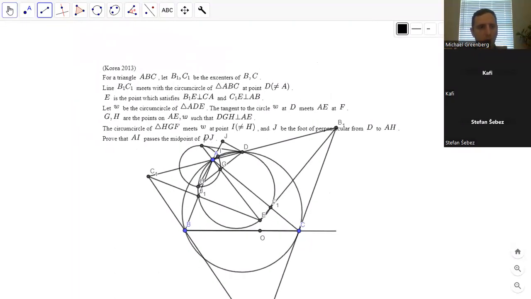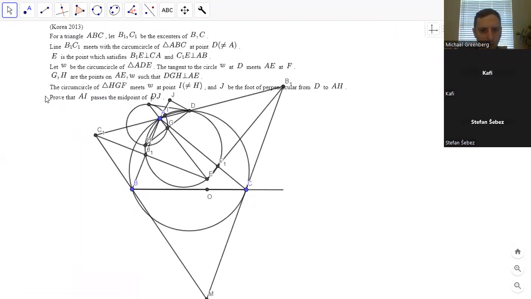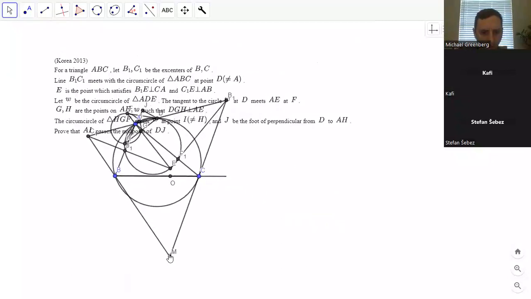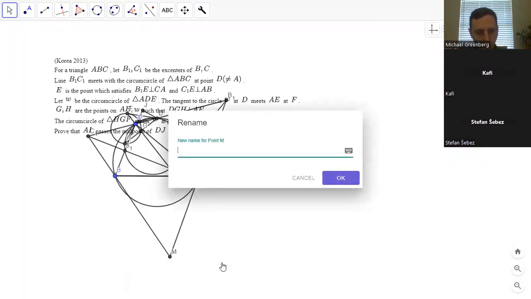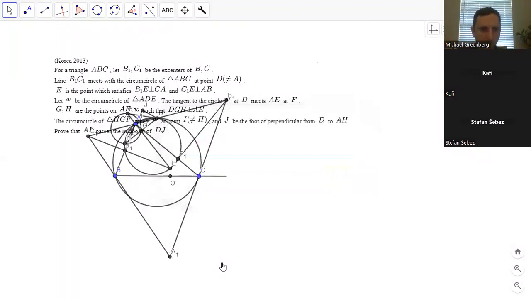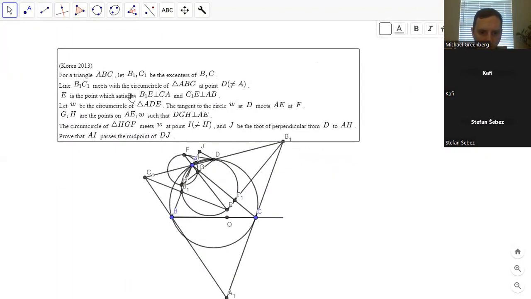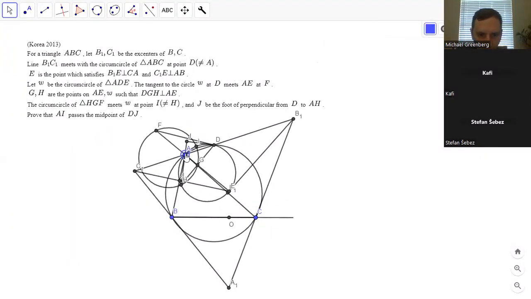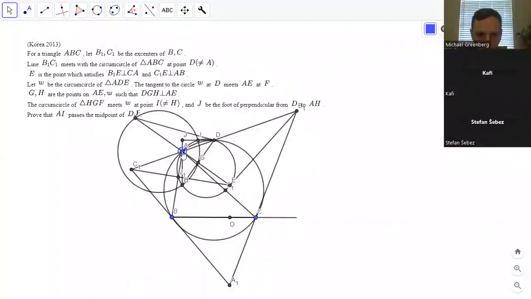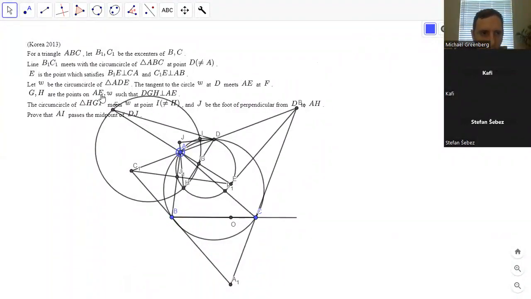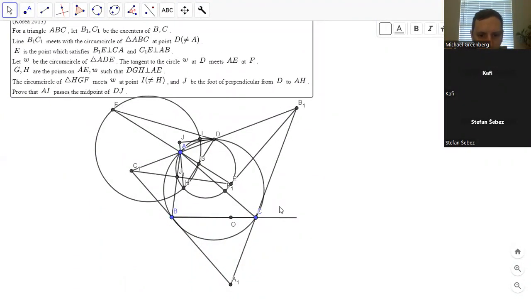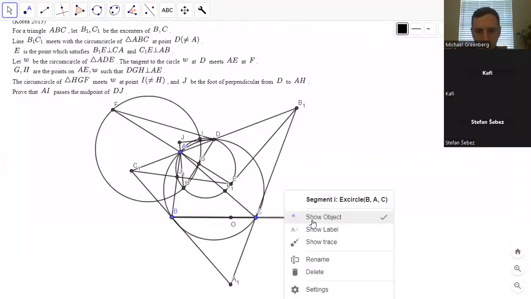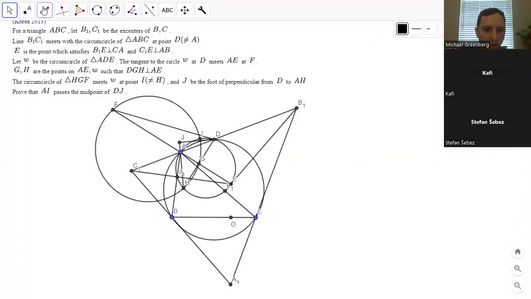Okay, so let's call this A1. All right, so we could just say it's A1. Okay, so the circumcenter.